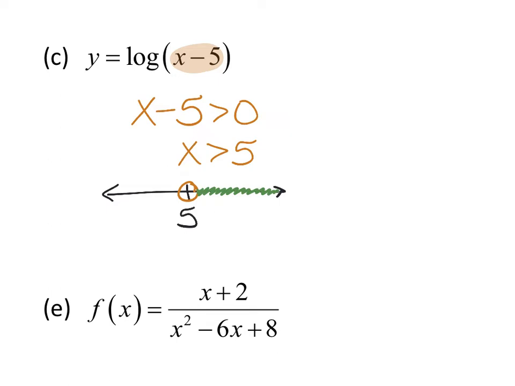What would go first, parentheses or bracket? Parentheses, because it's an open circle at 5, so parentheses 5, comma, infinity. That's it. Because it's only got one subinterval that I've colored in on my number line, I only need to answer that one subinterval.